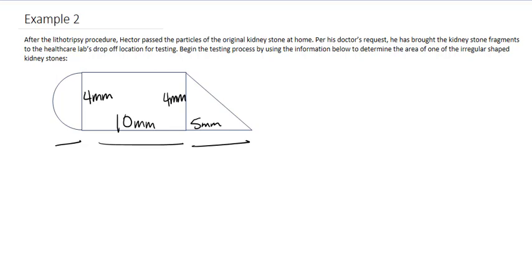So let's start with the half circle. So technically the area of a circle is pi r squared. Now we can see that we know the diameter because this is the length of the whole circle. So the radius is to divide the diameter by 2 to get the radius. So 4 divided by 2, which is equal to 2.